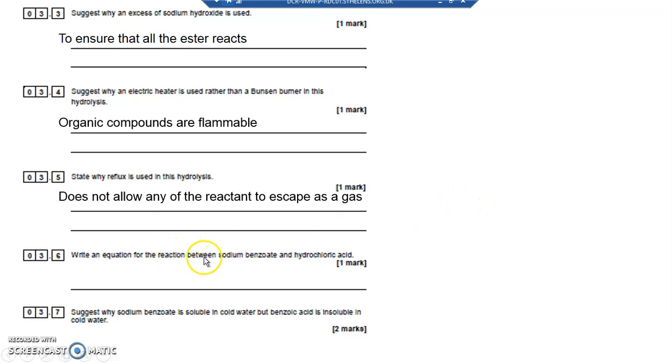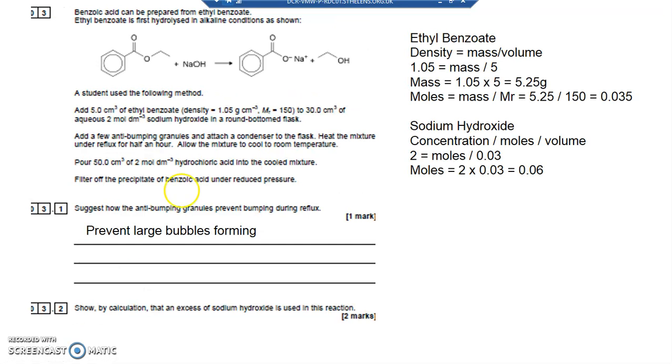Write an equation for the reaction between sodium benzoate and hydrochloric acid. So sodium benzoate is a benzene ring with COONa. You've sort of been given that in the question here. You don't need the charges on there, and you can write this as C6H5 if you prefer to. 6 carbons in a ring, and there's a hydrogen on each of these.